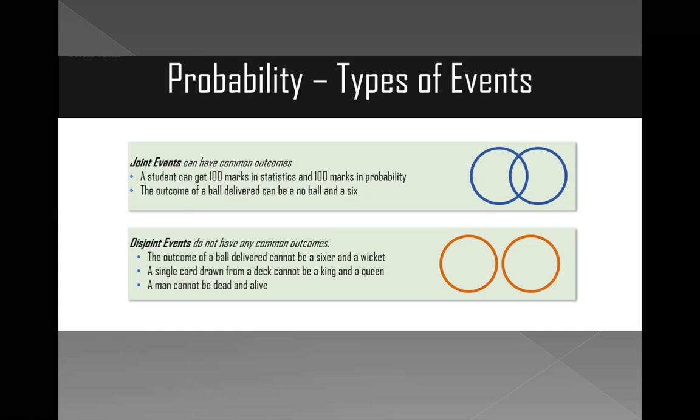While you are watching the match, the outcome of the ball may be a sixer or it may be a no ball; there is no relationship between these two things, so we say it is a disjoint event. A very simple case: a man can't be both dead and alive at the same time. It's a disjoint one.